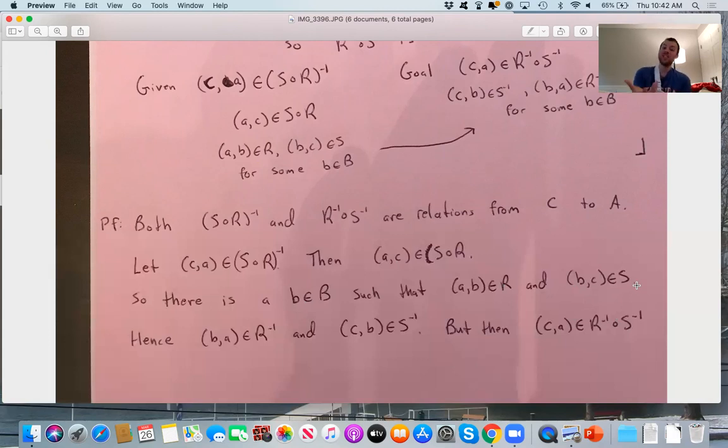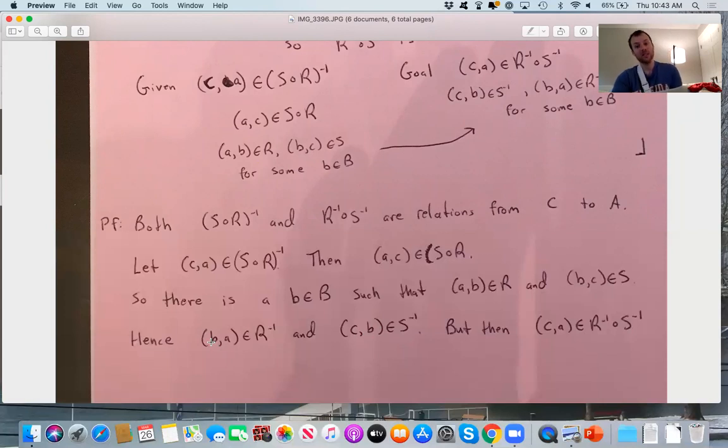But then we saw what we need to do with these is turn them around. So since AB is in R, its reversal is in R inverse. And since BC is in S, its reversal is in S inverse. But then what we see here is that we have two ordered pairs which have a common coordinate, the second coordinate here and the first coordinate here.